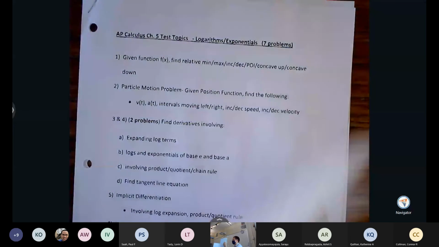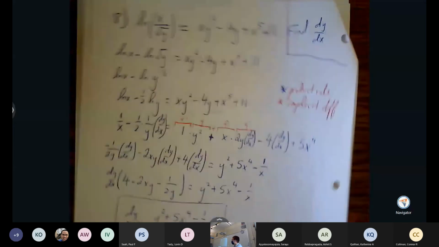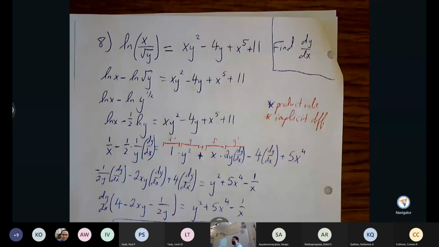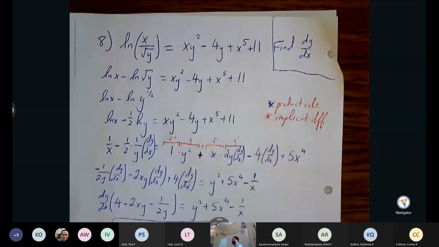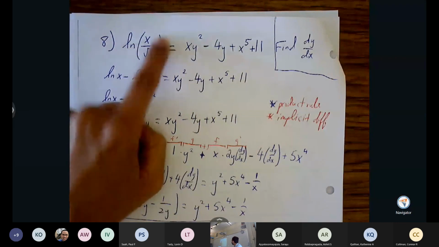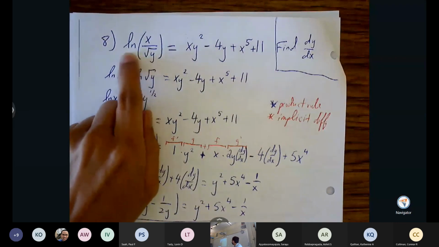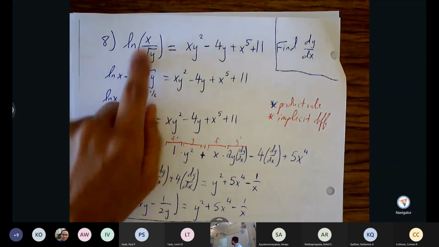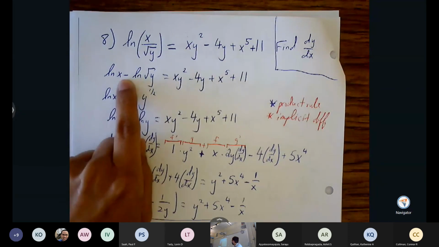Okay. And then implicit problem. Recognize the need for implicit, especially if you see multiple y's within the equation. What do we need to involve here? Quotient property, good, right? So expand, right? We don't want to do the derivative, at least not yet.